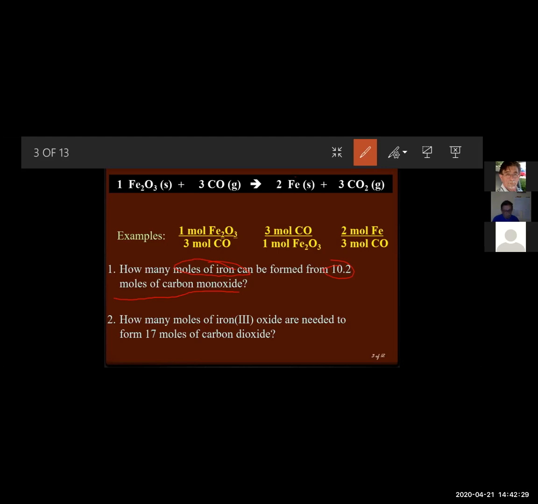So we are only concerned about these two right here, okay? Don't really care about the other ones because they're not asking you a question about the other ones. So we're looking at that ratio. We can see there's 3 carbon monoxides to 2 irons. We're going to need that bit of information to set up our problem.